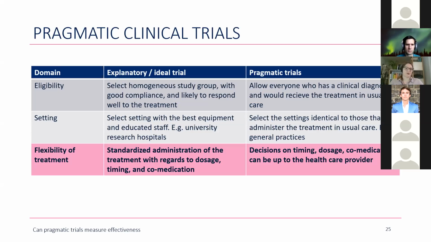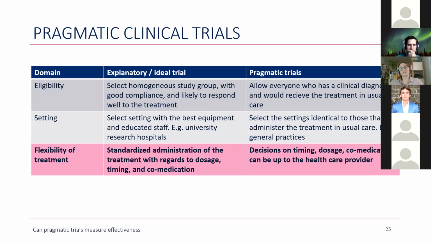And now a third domain that I even like to highlight, because I think this is particularly important, is the flexibility of the treatment administration. So here again, for explanatory trials, you usually have a very standardized way to do this. So in terms of dosage, timing, and co-medication, these things are all clearly defined in the study protocol, and there's no wiggle room there.